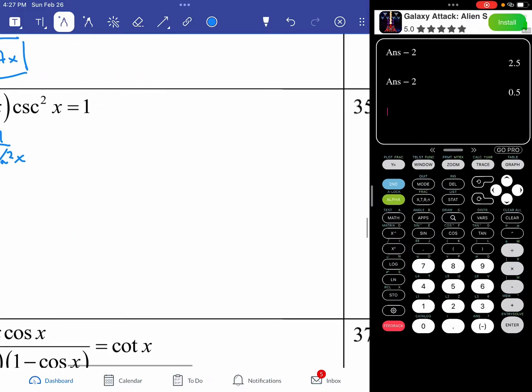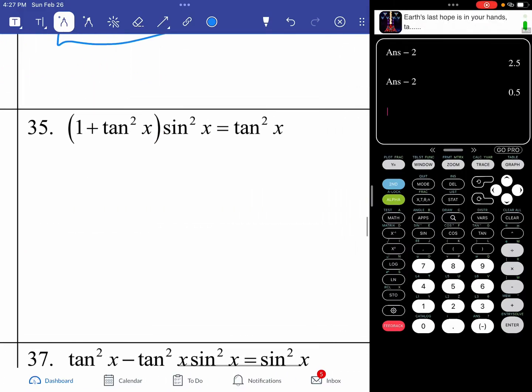Next, we have 1 plus tangent squared. So this is, again, a Pythagorean identity. All right, so we have to look at our unit circle. I don't have my unit circle in front of me.